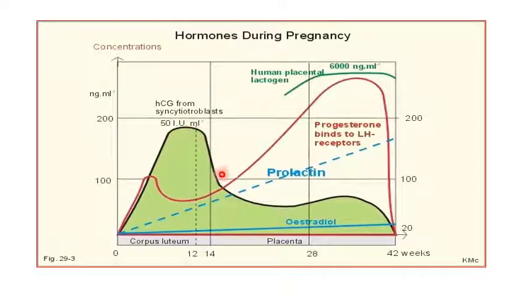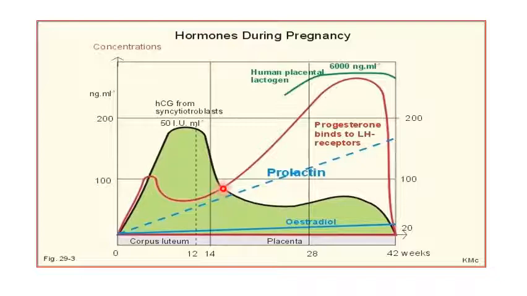After that, it decreases, reaching the nadir at about 15 to 18 weeks, and it is highly related to early pregnancy nausea and vomiting.